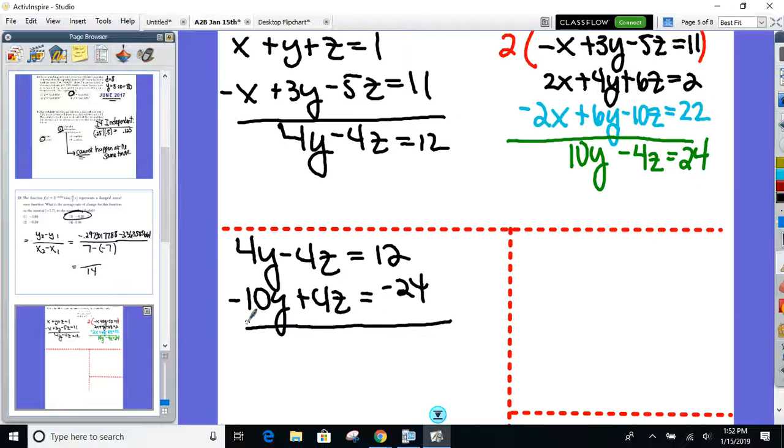You could multiply that one by -1 as well if you wanted to. I just chose to multiply the second one by -1. All right, what do you get with the y's? I have negative 6y. Some of you might have positive 6y, depending on which one you multiplied by -1.